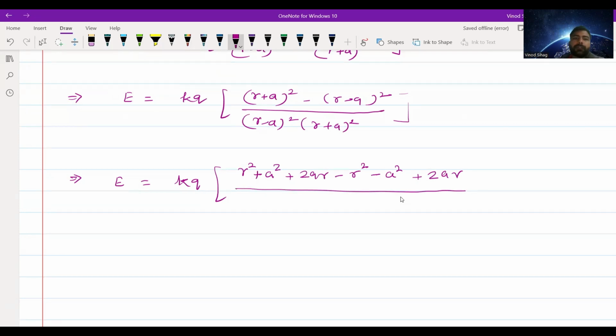Now in the denominator, both are squared quantities, so we can directly multiply them. So it will become (R minus A) multiplied by (R plus A), and its whole square.